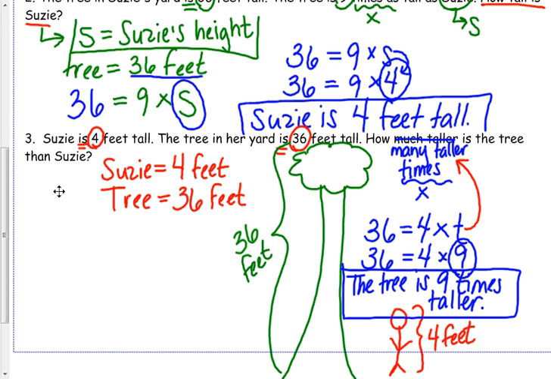And in this last question, the T was also a factor. So in 2 and 3, they were factors, and in number 1, there's a product. So we have to be very careful of how we put our equations together. And we're going to use our keywords like is and times and how much more to determine how we put our equation together. So good luck on this, and I will see you tomorrow.